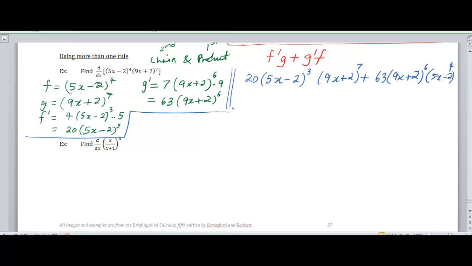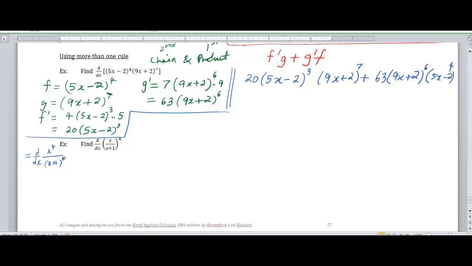Okay? So let's see. You could also write this as d over dx of x to the 4th over (x plus 1) to the 4th. If you do it this way, I think it'll be a little bit easier. You can use a quotient rule, and then within the quotient rule you have to use a chain rule.